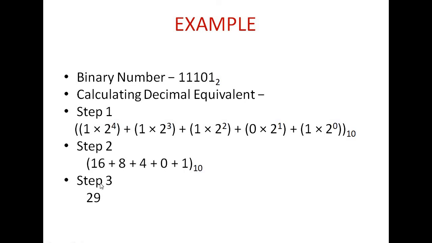If I add all these numbers, the result is 29. Similarly, when I convert octal to decimal, multiply by 8 to the power; hexadecimal to decimal, multiply by 16 to the power.